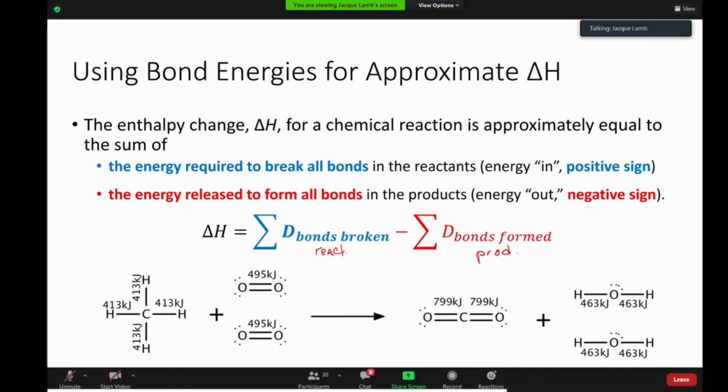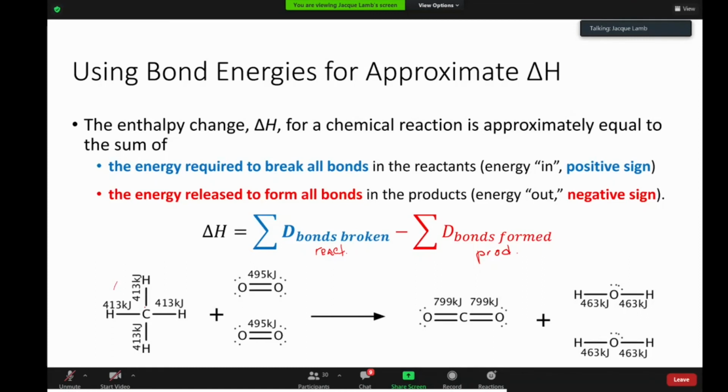So we have to subtract the bonds formed. We can look at this reaction, methane. This is a combustion reaction for methane. All we're doing is saying we can break all the bonds in the reactants. We can break those 4 carbon hydrogen bonds. We can break the 2 oxygen double bonds, and then we can form new bonds in the products.